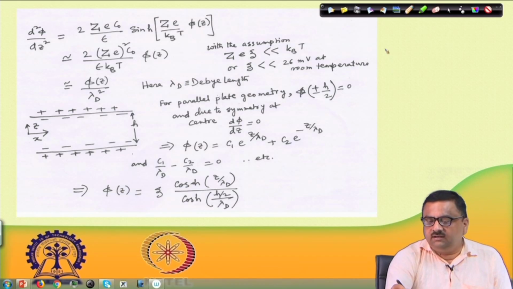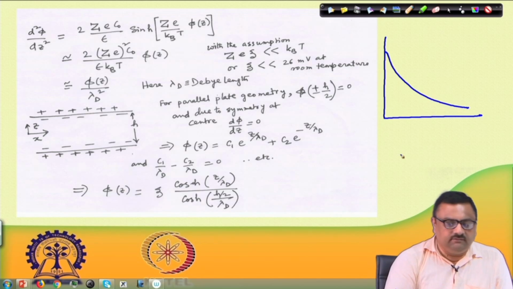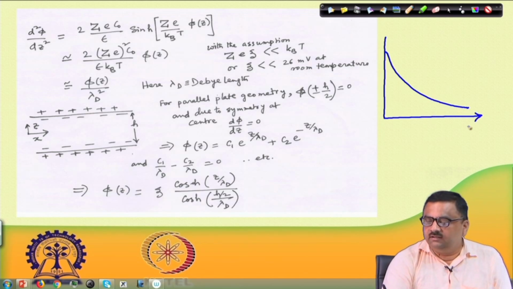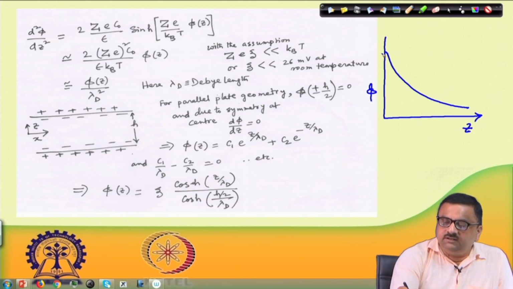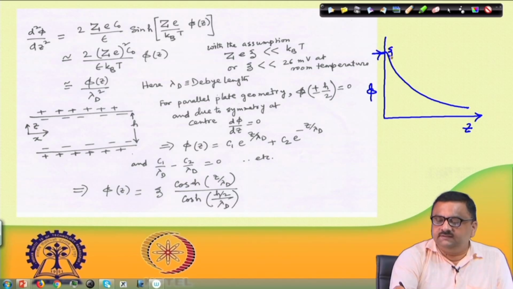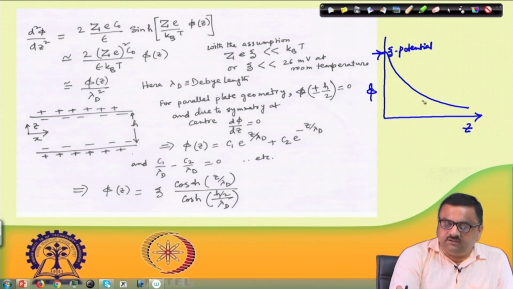zeta. What is zeta now? We said that potential would come down like this with z. The potential at the wall is known as the zeta potential. This is defined as zeta potential, and there are ways to measure it.